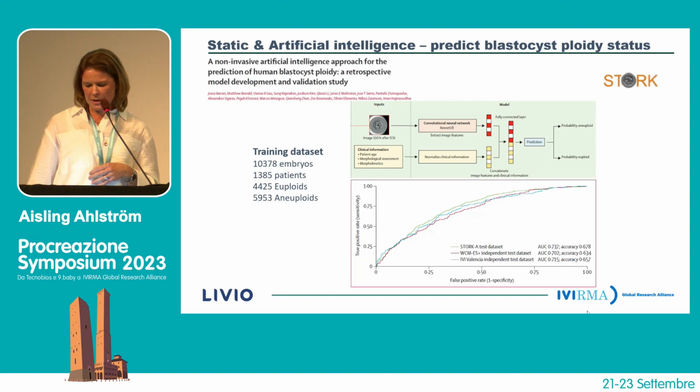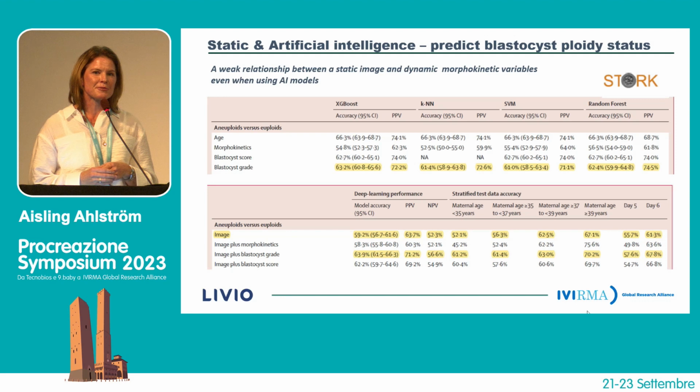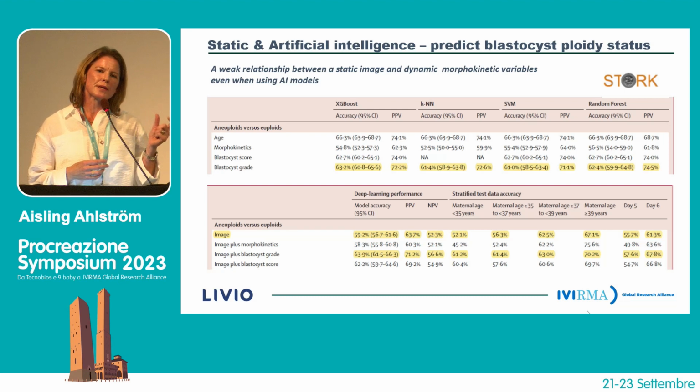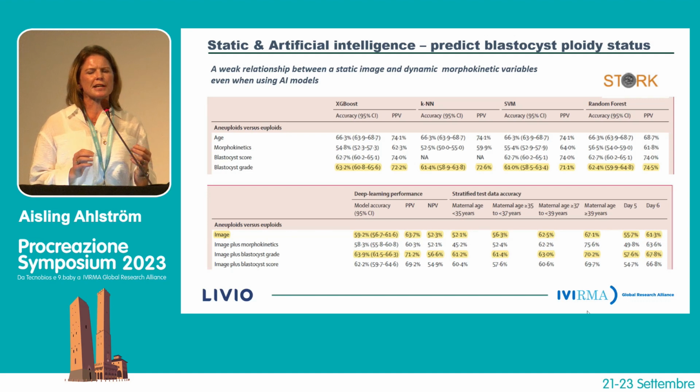What they showed, or my take-home message from this, was that really the only great non-invasive marker of aneuploidy that we have for us to use is maternal age. And even if we added the morphokinetics to the image that was analysed by AI, it didn't have any effect on the accuracy of the model. The blastocyst grade, moderately to fair, maybe improves some points of accuracy.